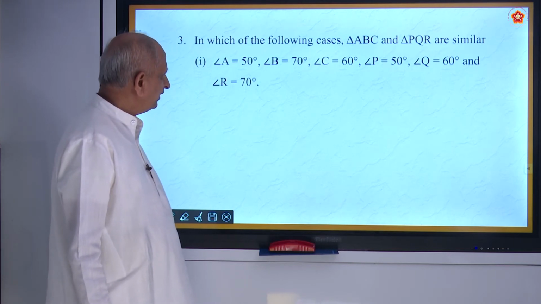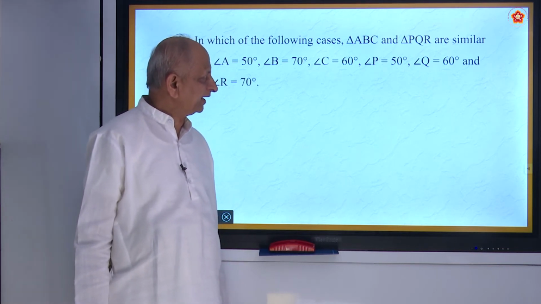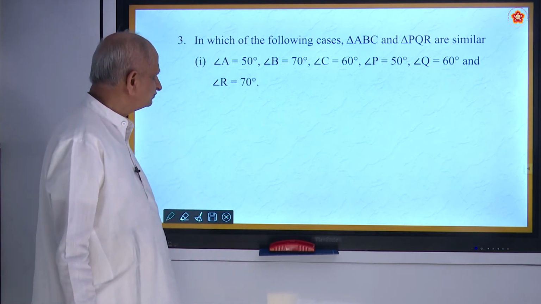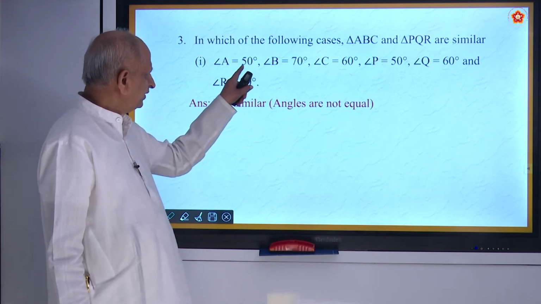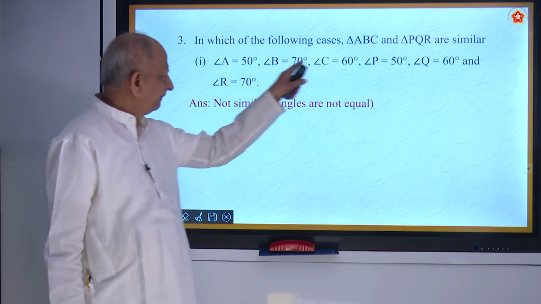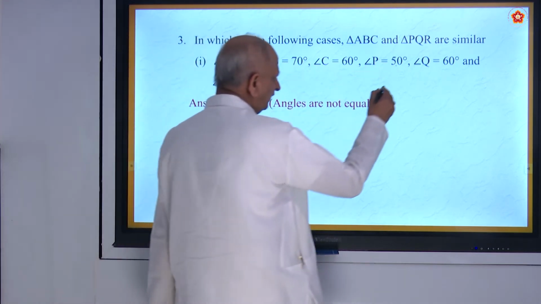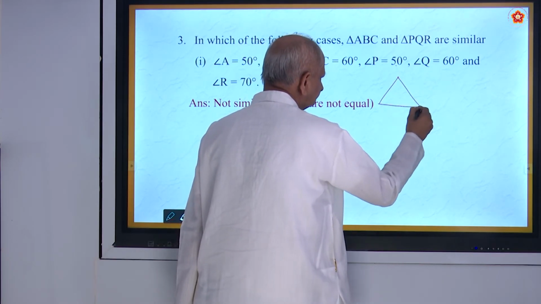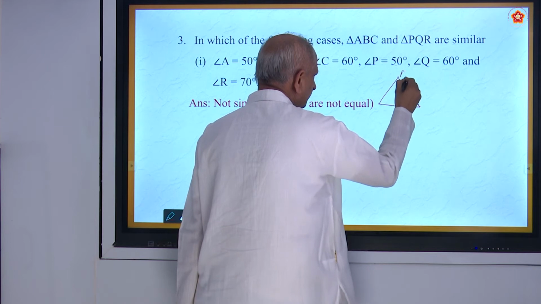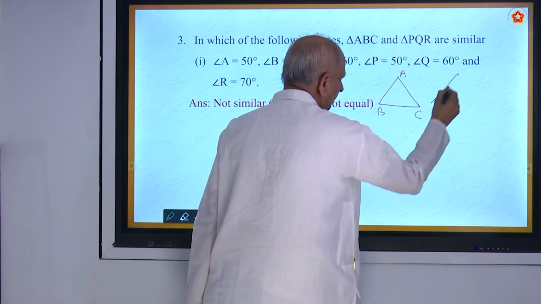Which of the following cases are triangle ABC and triangle PQR similar? So that is one condition. Here you see A and P are equal, corresponding. Suppose you draw triangles ABC and PQR.